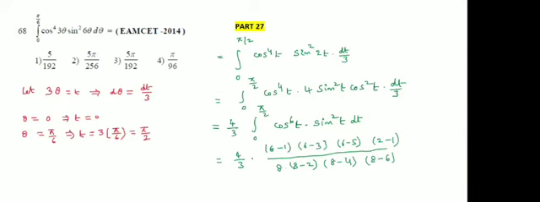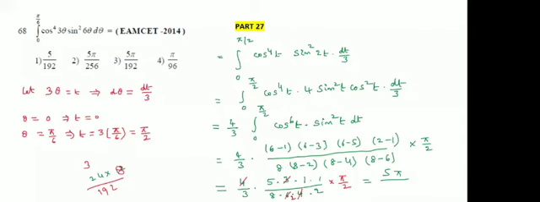If both are even, the last term should be pi by 2. Now simplify that and you will get the answer. Do the simplification. After calculation, we are getting 5 pi by 192. The third option is correct.